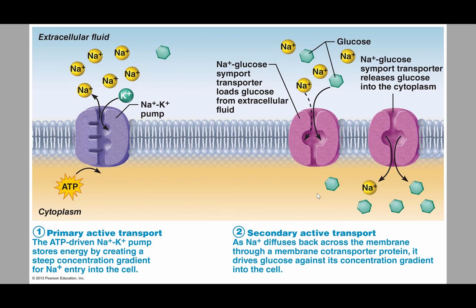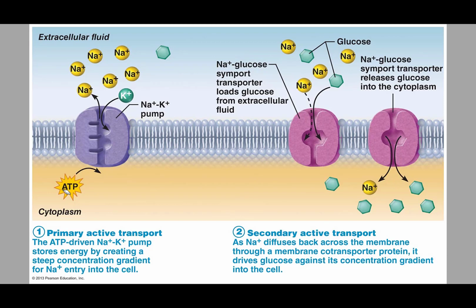When we see the term active transport, the active part means it's going to use energy. And remember, in our body, when we use energy, that energy is in the form of ATP, adenosine triphosphate. We saw that at the end of chapter 2. If that's not ringing a bell, please make sure to go back and review that.